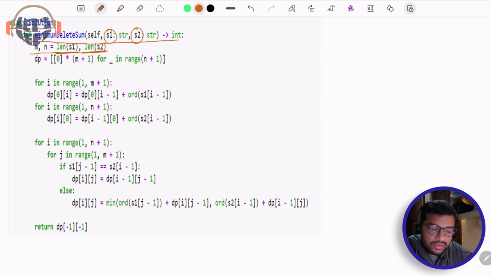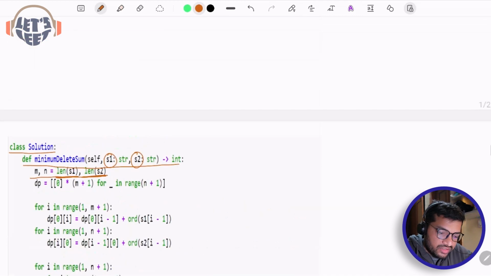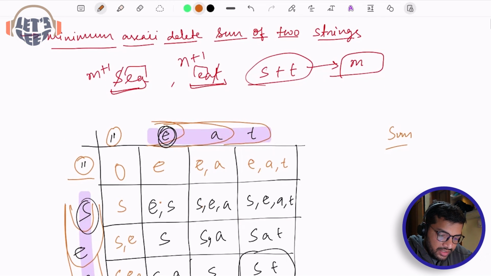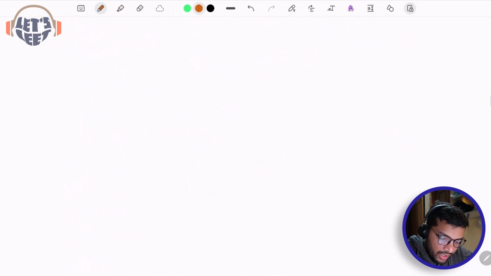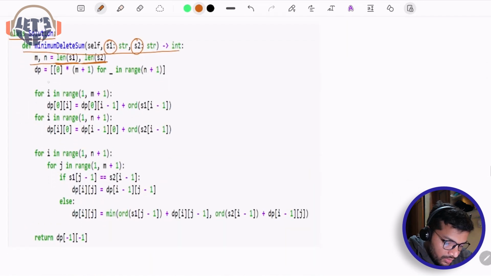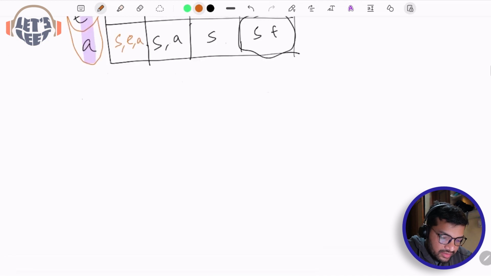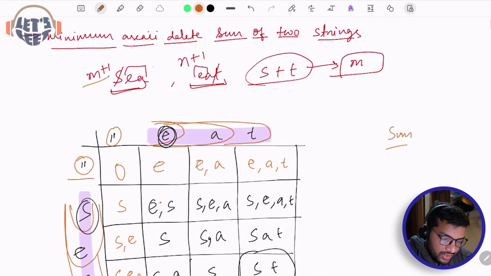Just understand it like the way we did here. We took the length of SEA as M and EAT as N. We stored the values into M and N, and now we are designing an M plus 1 by N plus 1 matrix, like the way we did here.